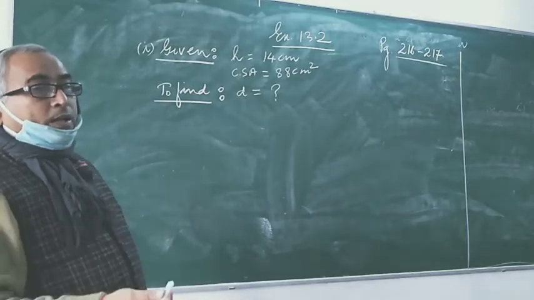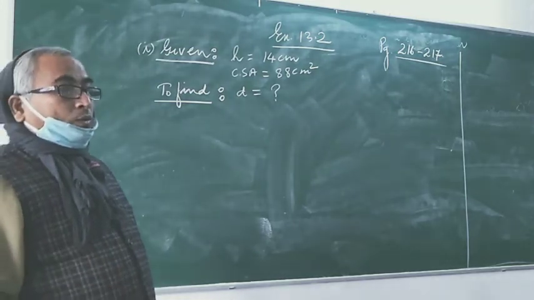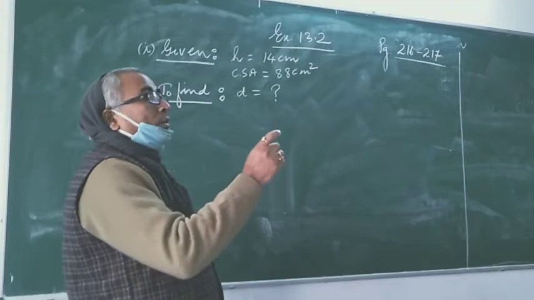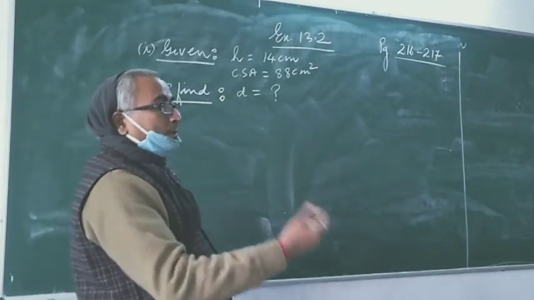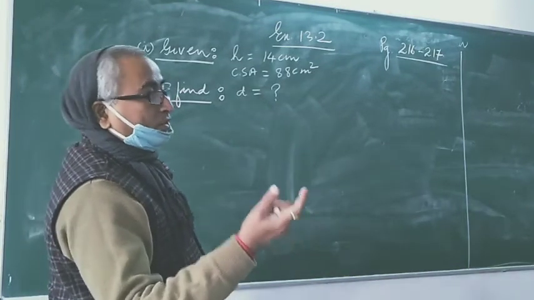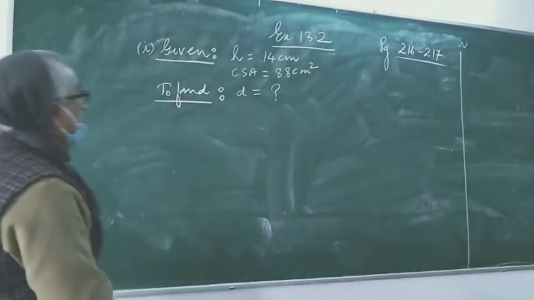If we double the radius, it will be the diameter. So firstly we have to calculate the value of the radius, and on the basis of the radius we can say what the diameter of the base will be. So according to the question, let us examine.